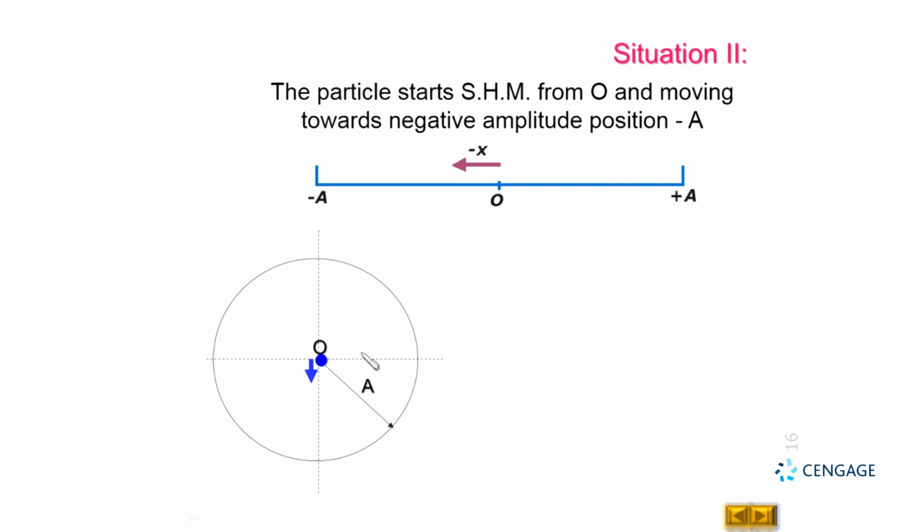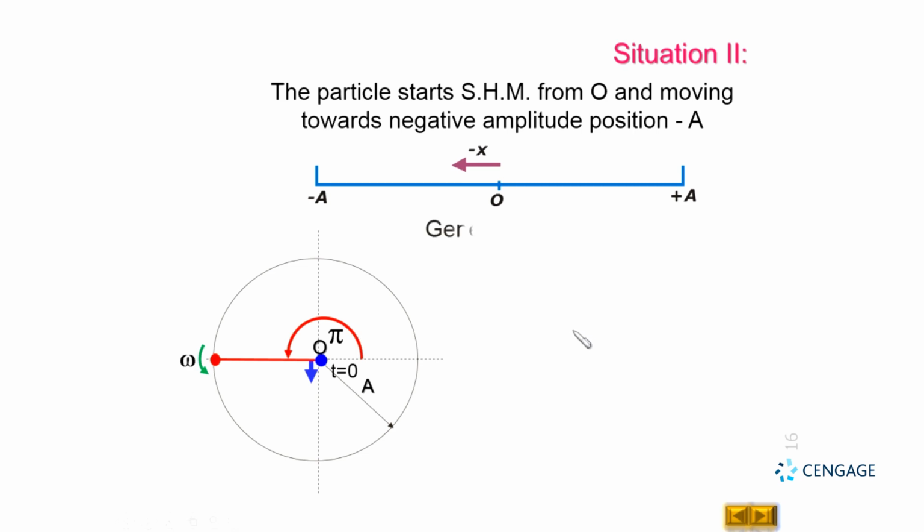That means the corresponding position should be here, and the particle starts rotating from this position in the counterclockwise direction like this. For finding the phase, we join this point with the center of the circle like this, and this is the initial phase of oscillation, which is equal to pi.